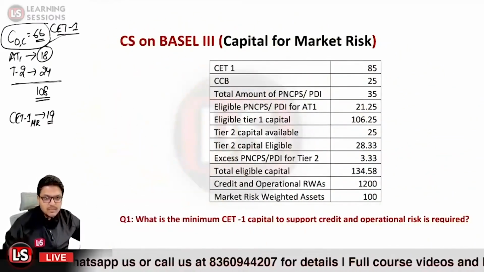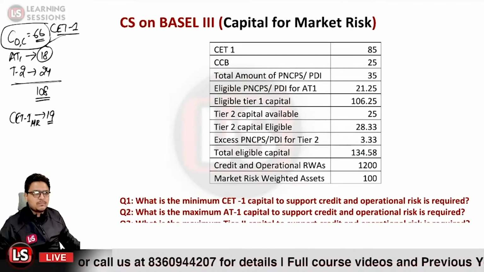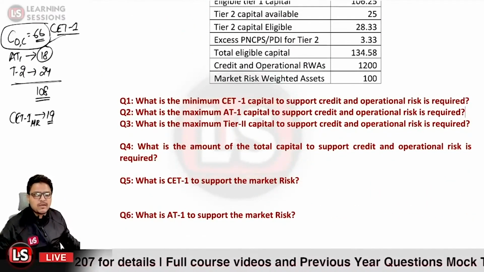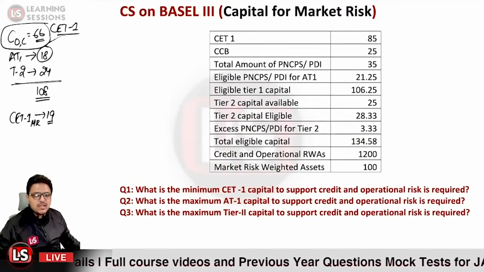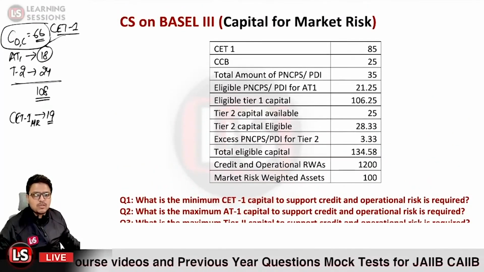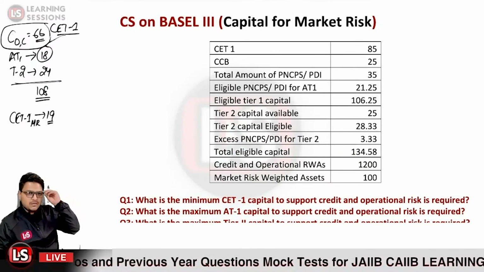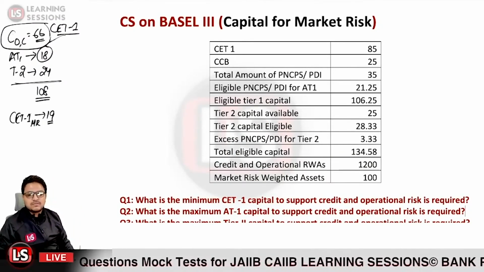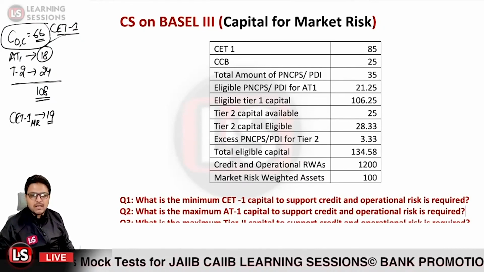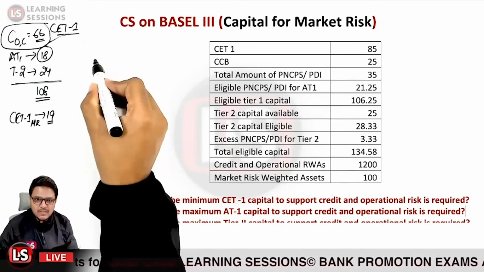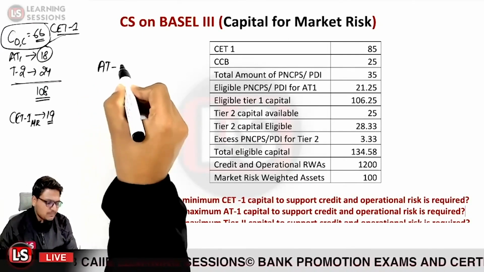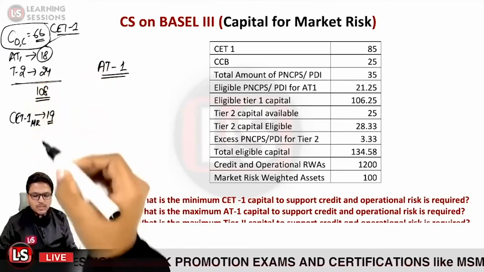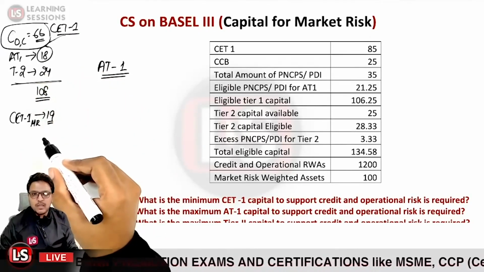Further, the next question says, what is the AT1 to support the market risk? What is the additional tier 1 required to support the market risk? If you remember, the additional tier 1 that we calculated for supporting the operational risk and credit risk was 18.